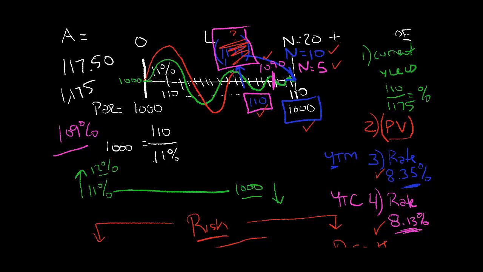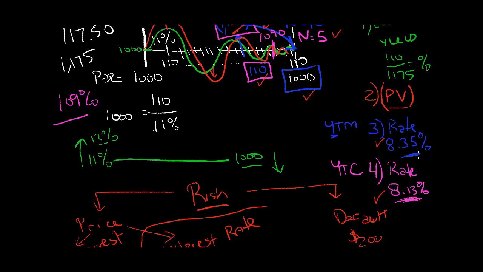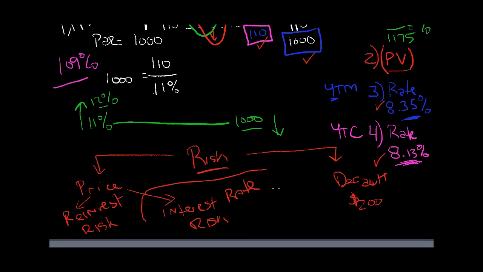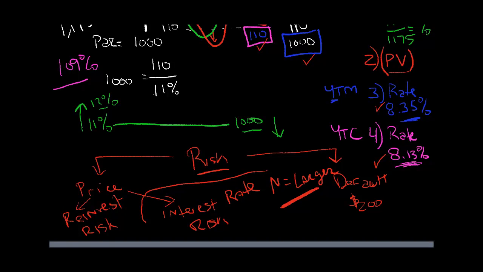Remember that center line was $1,000. So you can see the red had a greater price swing here than the green. Well, the first thing you should see apparent is that the farther you're from maturity, the larger the price swing is. So the larger the maturity dates, you're going to have much larger swings in value of the bonds.